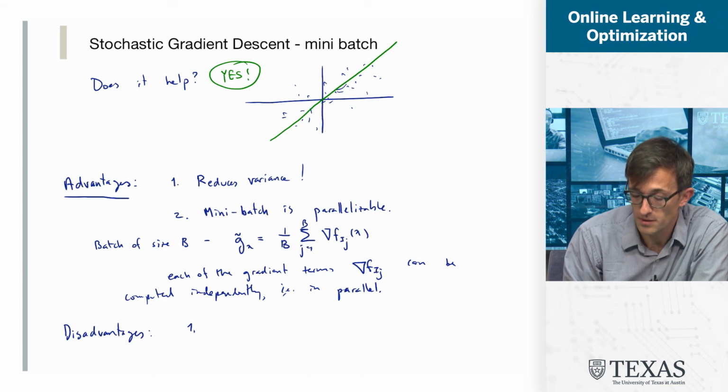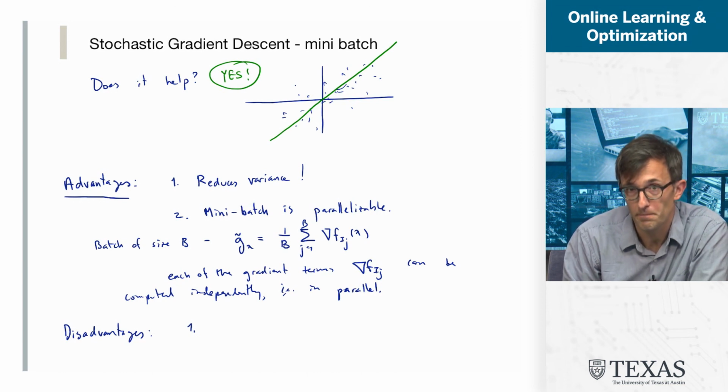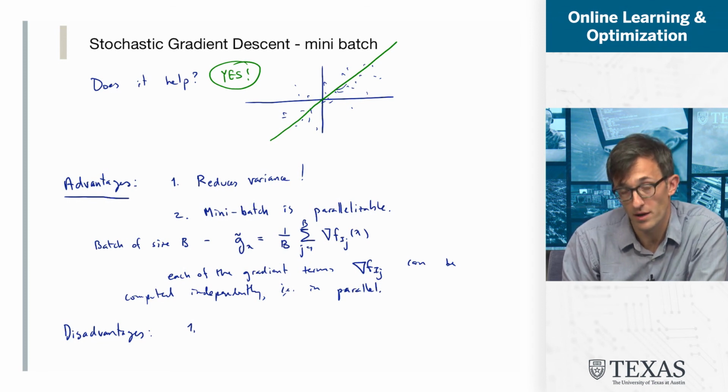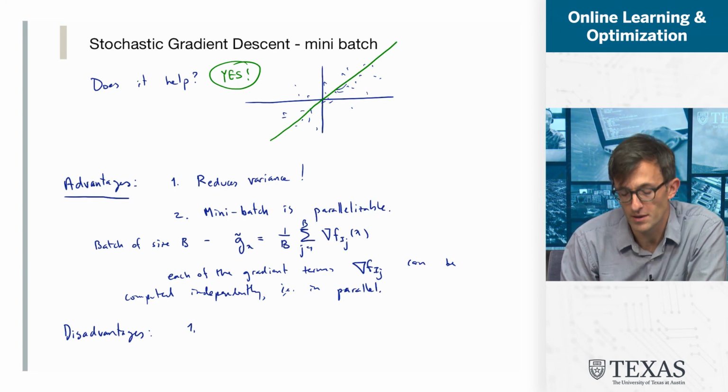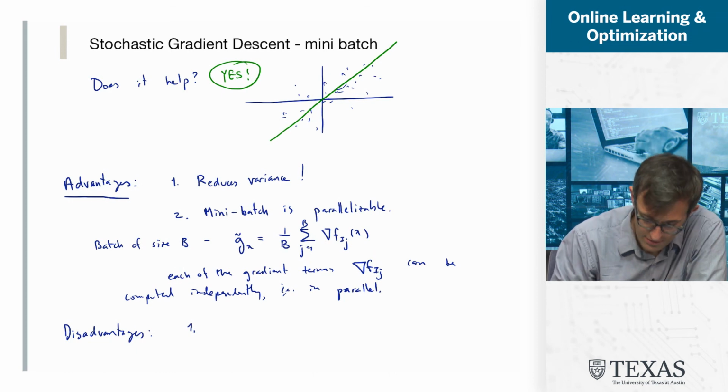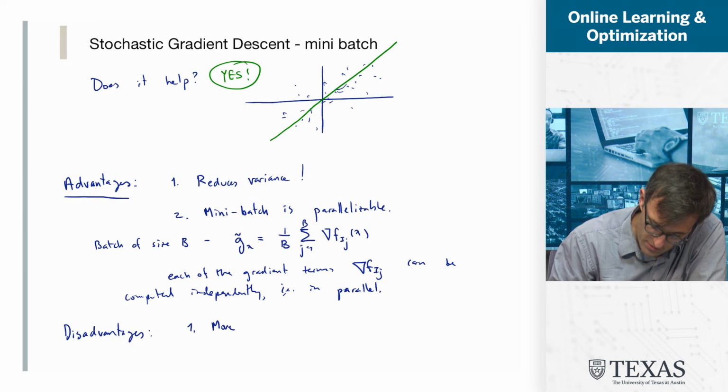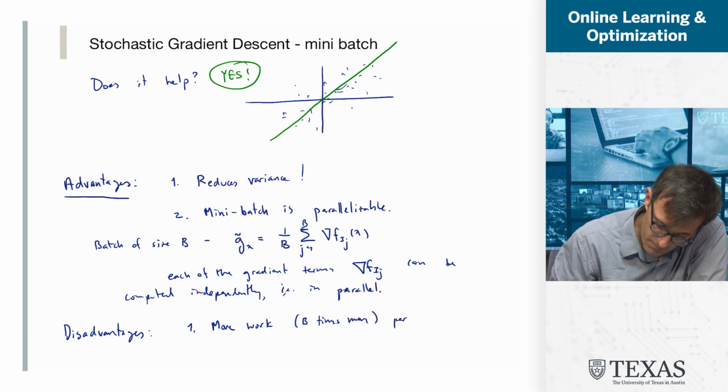To compute a gradient with mini batch size b is b times more work than computing the gradient of a batch of size 1. On the other hand, parallelism will mitigate that somewhat, but it's still an important thing to consider. More work, namely b times more, per iteration of the algorithm.